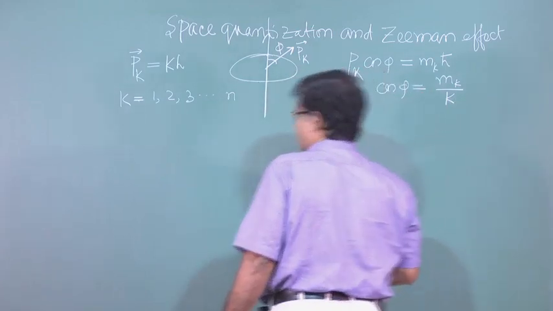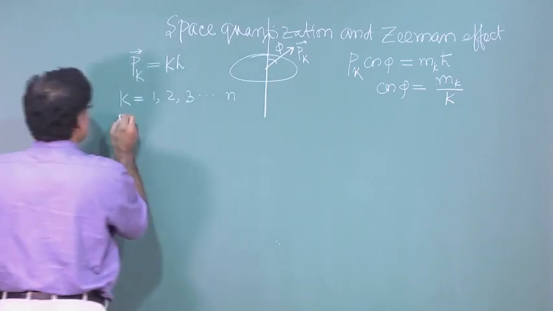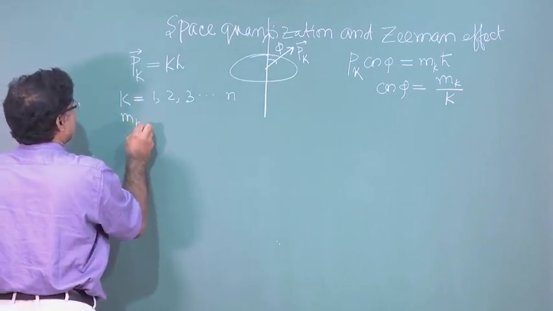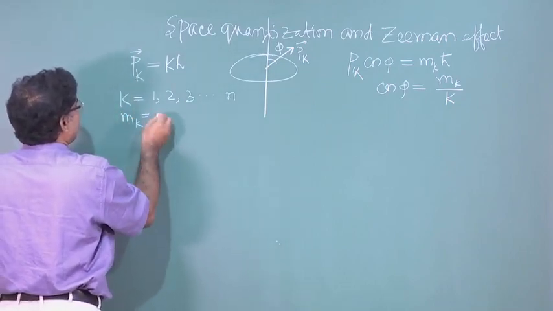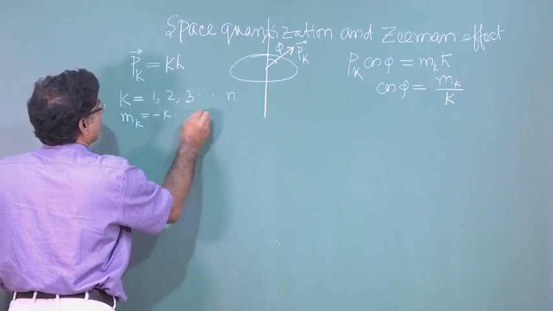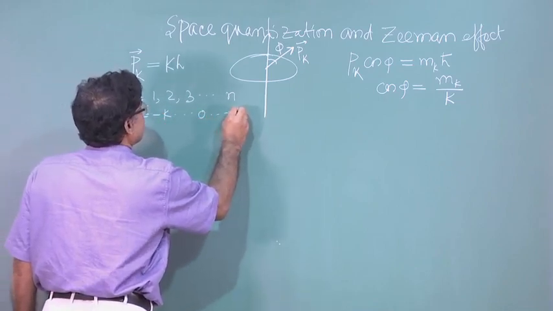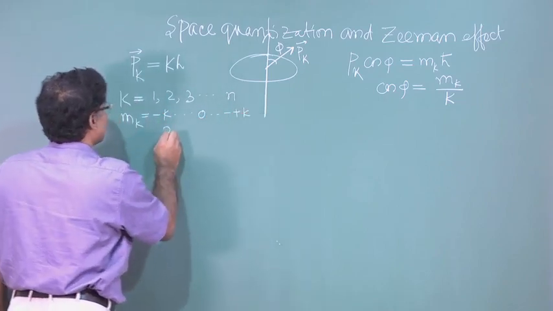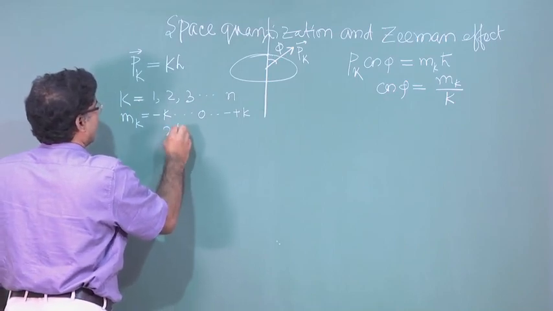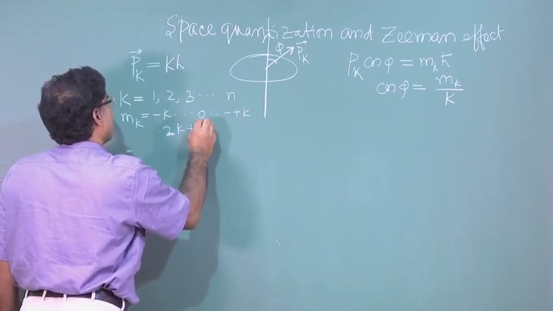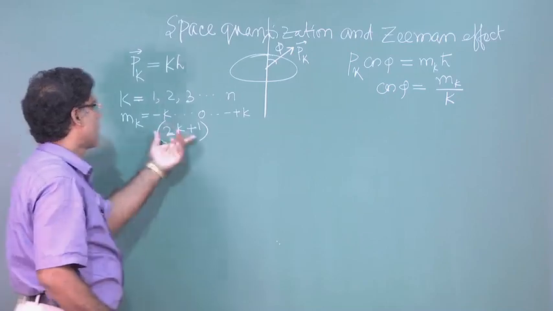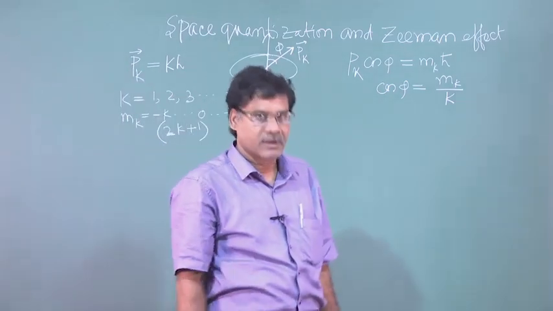So, as I described earlier, Mk can take values from minus k to 0 to plus k. So, 2k plus 1 values of Mk for a particular k value.